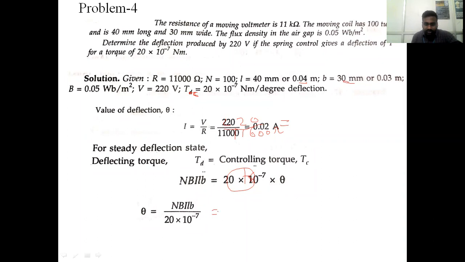That is equal to n, 100, into B, 0.05, into I, current, 0.02, into L, 0.04, into 0.03, the whole divided by 20 into 10 to the power minus 3. What is the answer?